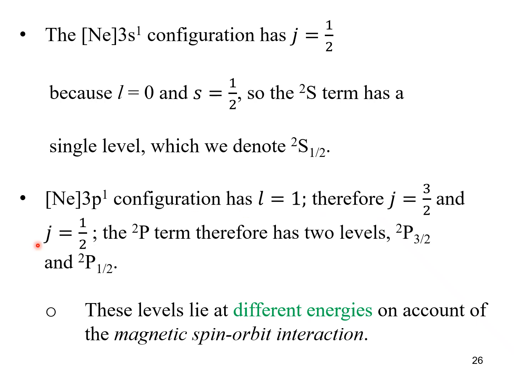Therefore, you have two J values. And the doublet P term therefore has two levels, doublet P 3/2 and doublet P 1/2. And these levels lie at different energy on account of the effect of this magnetic spin-orbit interaction.